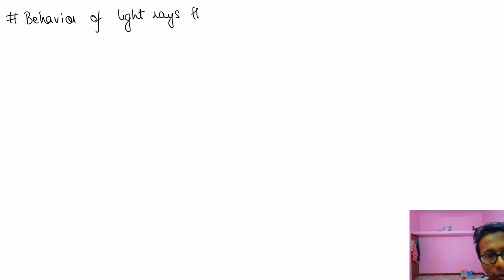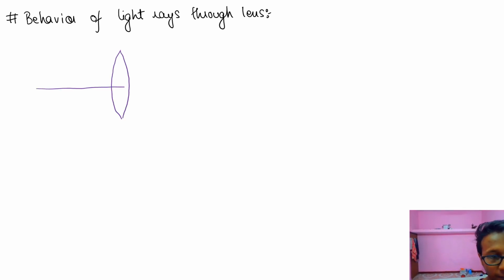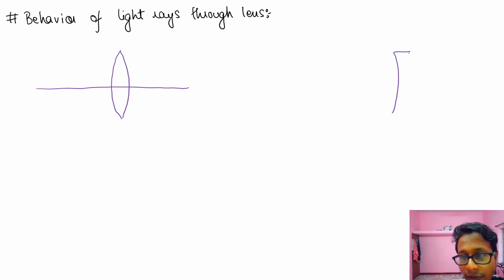Now what you're going to study is the behavior of light rays through lens. Okay. Suppose two types of lens are there. First one is convex and the second one is concave.